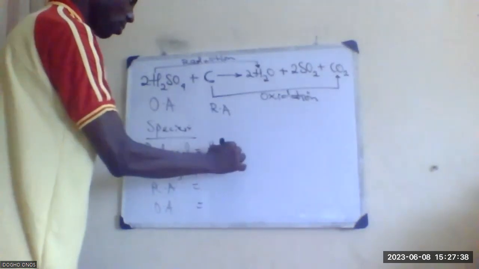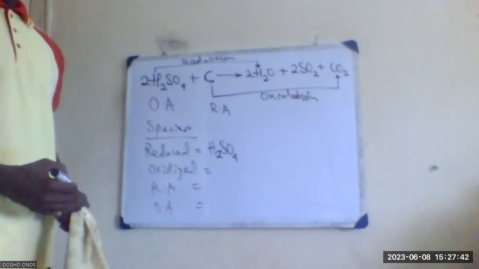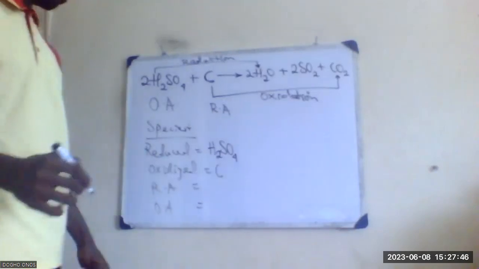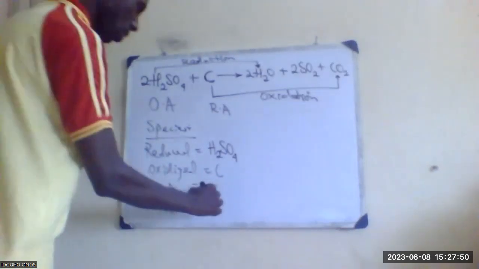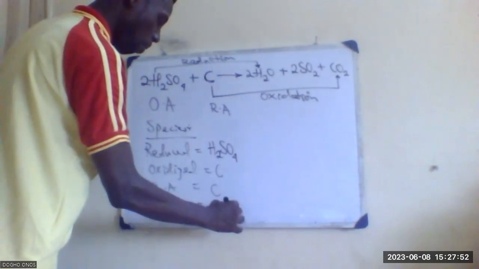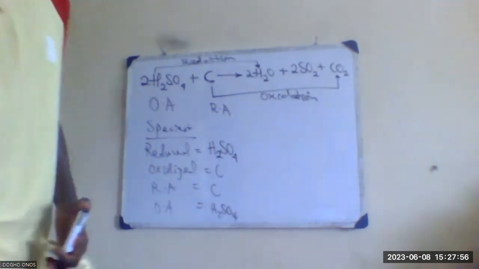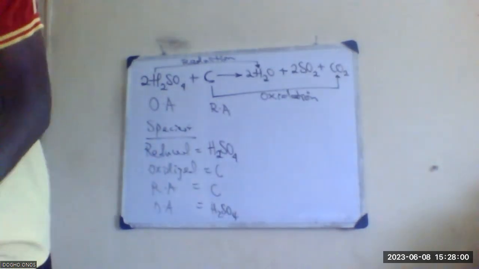H2SO4 is reduced. Then the species oxidized is carbon. Reducing agent, carbon. Oxidizing agent, H2SO4. Any question?